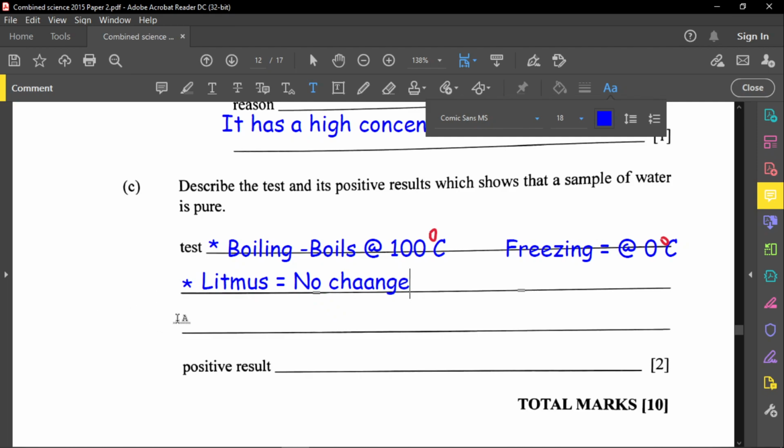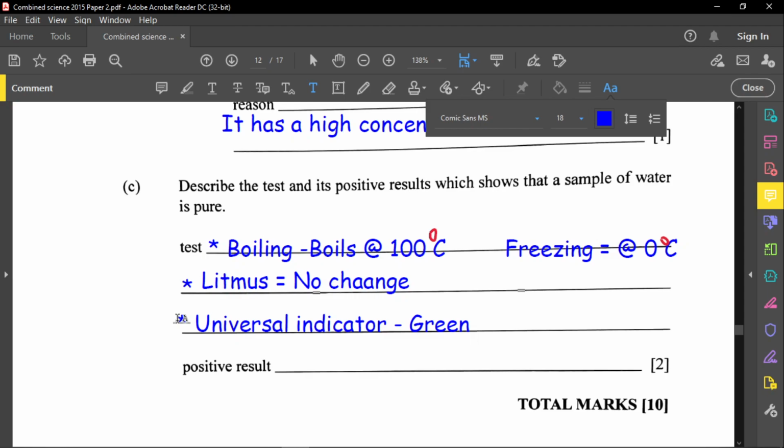Another test you can use is the universal indicator. As I mentioned earlier, pure water will be green. Moving from green toward blue, it becomes more alkaline. So you should see a bright green or dark green color, particularly if it is neutral.